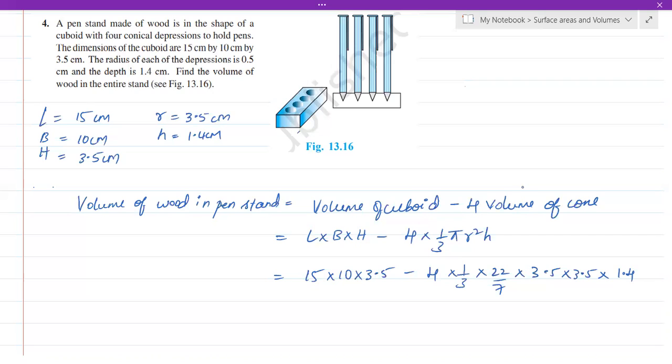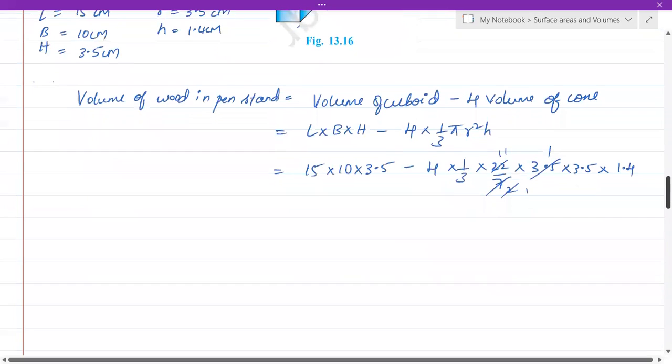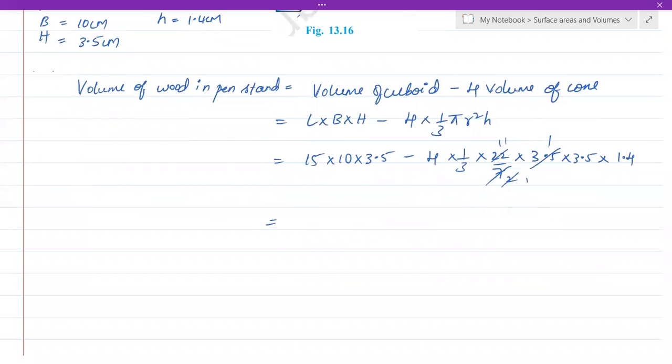So here, let's write out the left out thing. 15 into 10 is 150, or let's multiply 10 and 3.5, that will give you 35. So 15 into 35 minus 4 into 1 by 3 into 11 into 3.5 into 1.4.